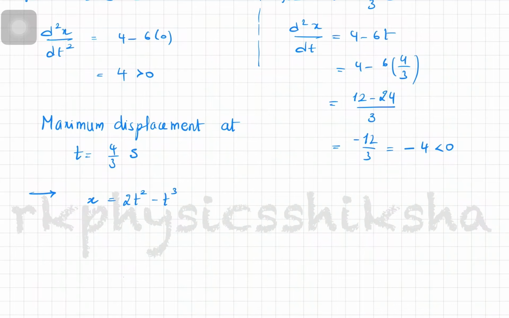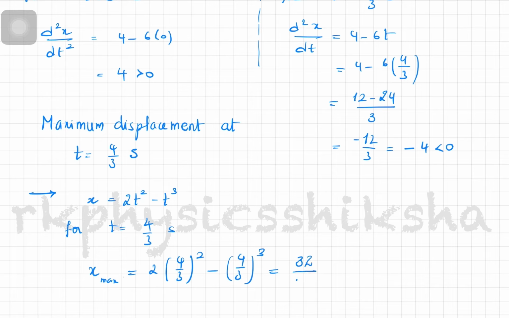If you now substitute t equals 4 by 3 seconds, x maximum will be equal to 2 into (4 by 3) whole square minus (4 by 3) whole cubed. That maximum displacement will come out to be 32 divided by 27 meters, and this is at t equals 4 by 3 seconds.